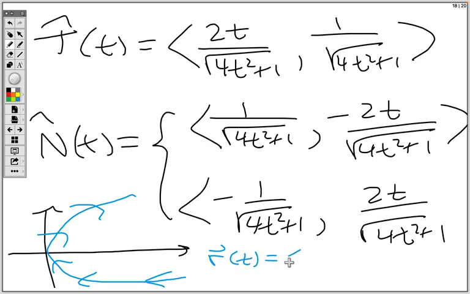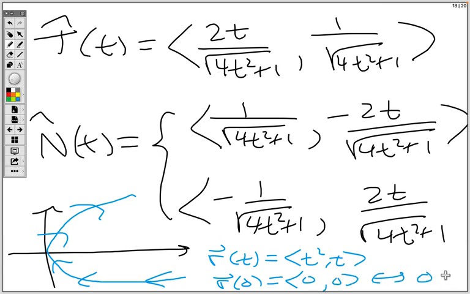Oops, t squared t. So let's plug in 0. When t is 0, I get the origin. So boom, that's t equals 0.